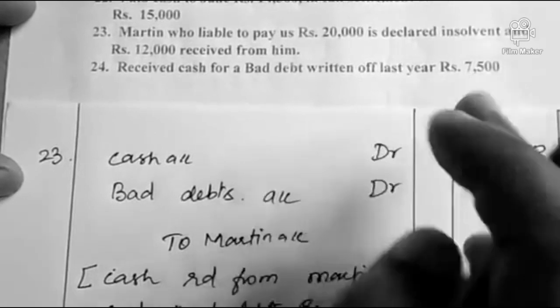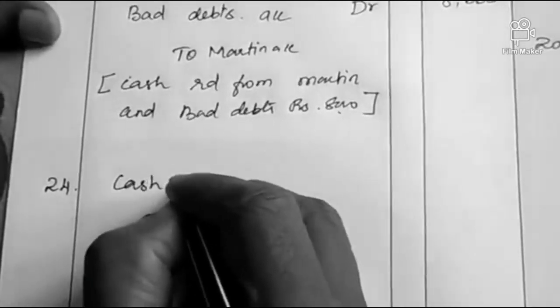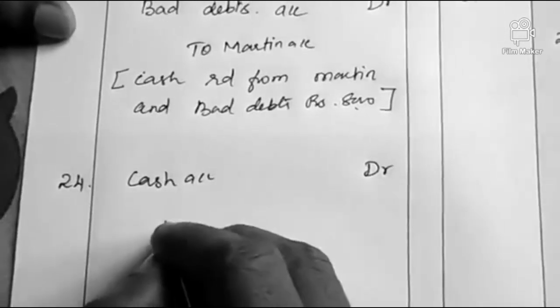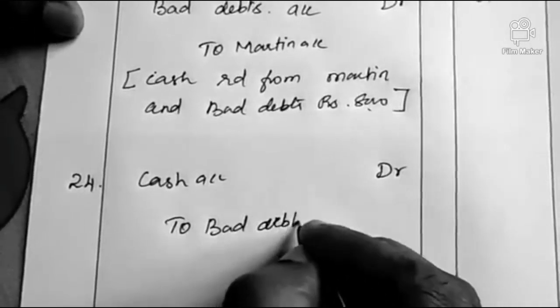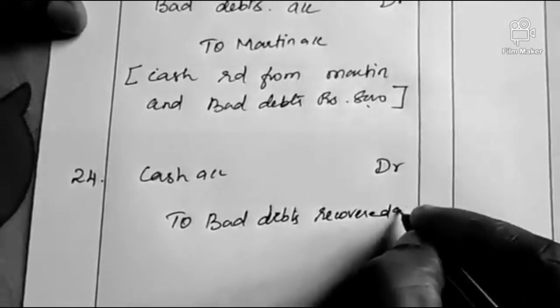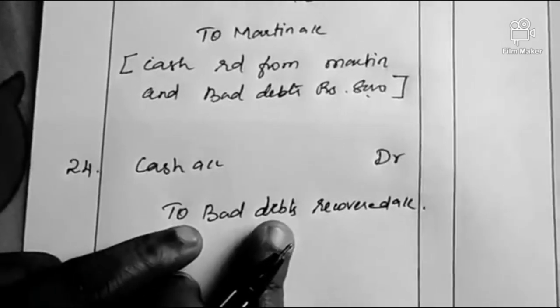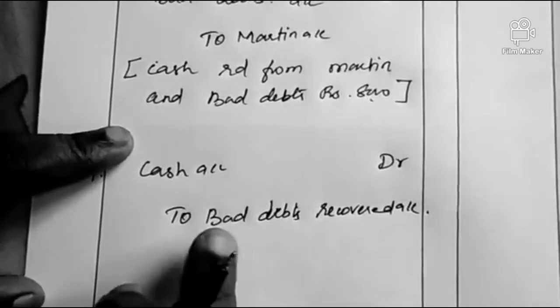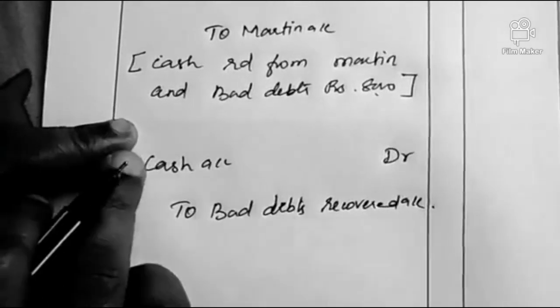So you have received cash. What is the entry for this? You have received cash, cash comes in. Cash account debit to bad debts recovered account. Last year you entered this transaction on the debit side. Why? Because bad debt is a permanent loss, so it is recorded on the debit side.